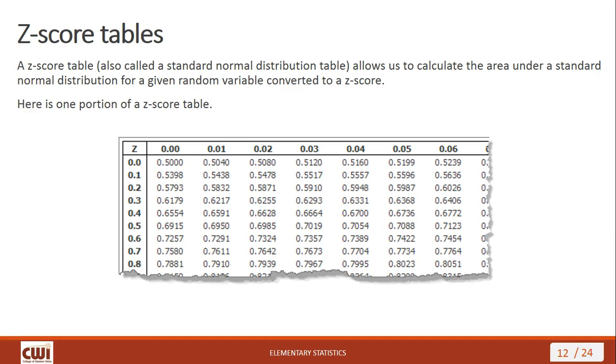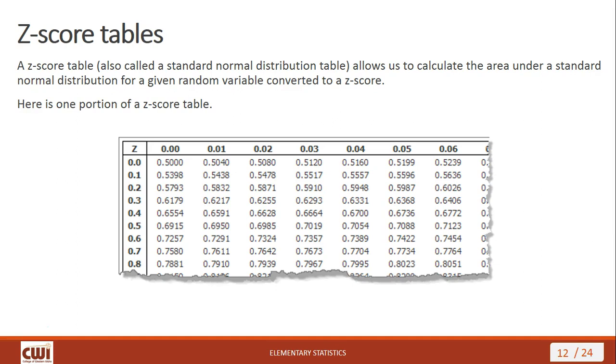So that gave birth to a table of z-scores. What has been done is, for every possible z-score that we could have for a standard normal distribution, we have actually already done the integral calculus to find the area underneath that curve up to that z-score. And that's what's given birth to the z-score tables.